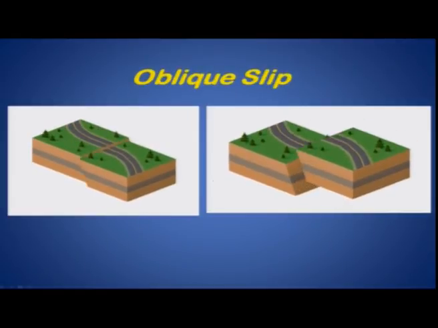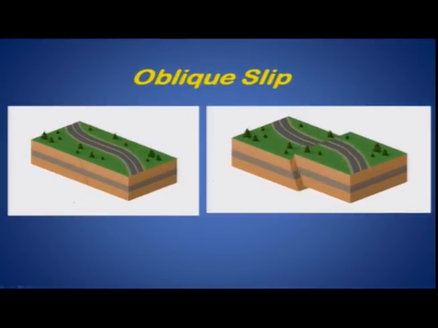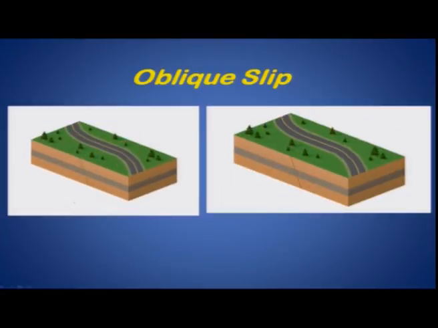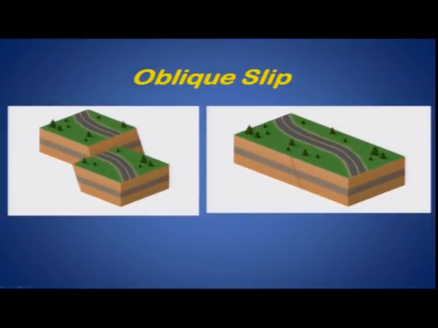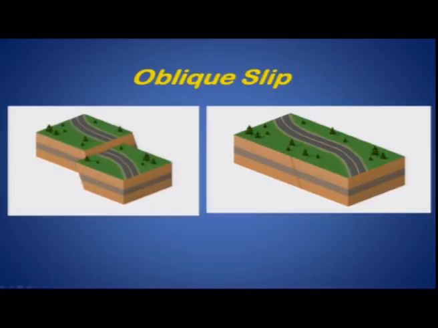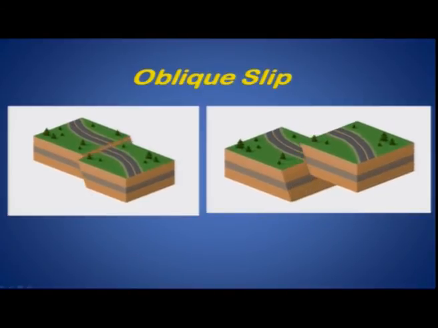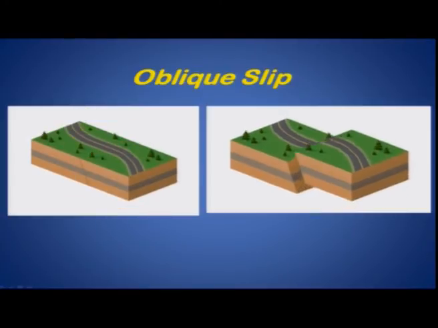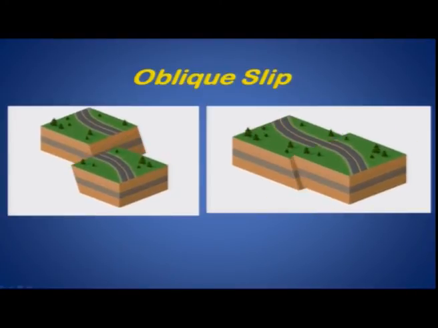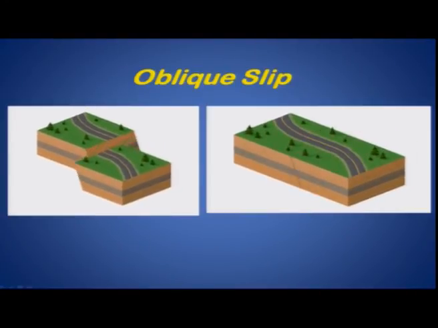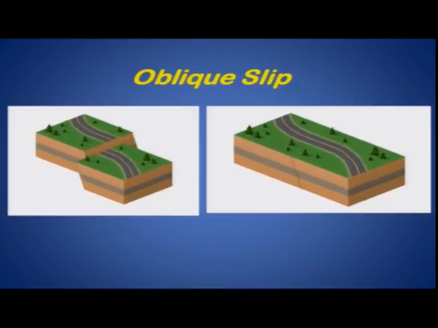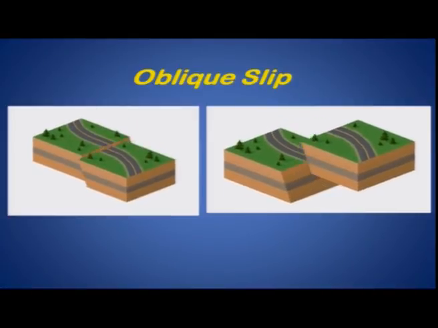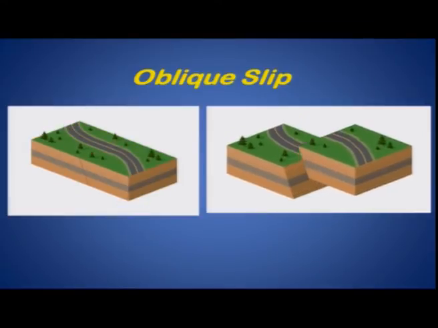On the left hand side, we are able to see that there is a slip along the strike and also a slip along the dip component, whereas here again it is slipping along the strike, and you have a reverse component, the block is moving up.